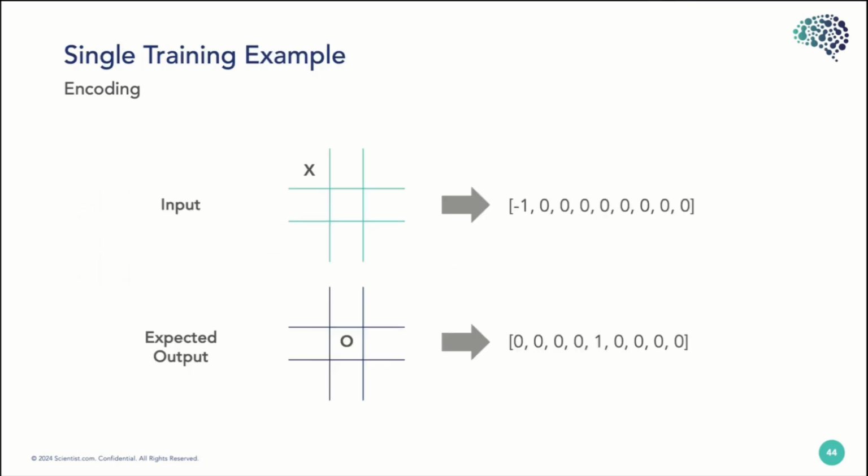So this is what a training example is going to look like. In this example, my opponent, this time X, puts a mark in the upper left-hand corner. And I expect my network to respond by putting my mark in the center. So that looks like -1 followed by 8 zeros as the input, and then 4 zeros, 1, and 4 zeros as the output.